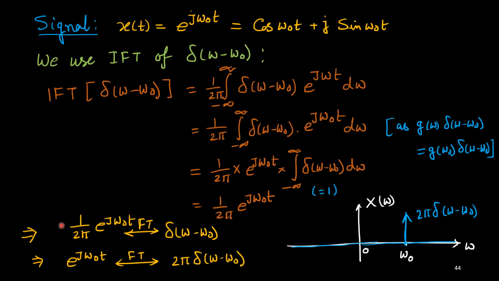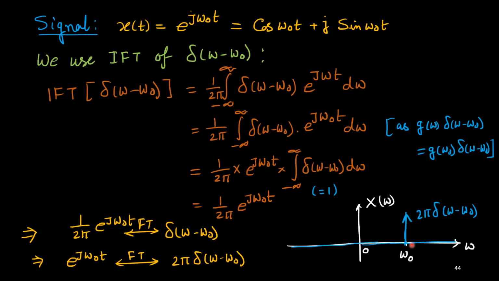Now if I multiply both sides by 2 pi, we get e to the power j omega naught t, and on the right side the spectral is 2 pi times delta(omega minus omega naught). So this complex periodic signal has a single frequency at omega equal to omega naught. Here you have one impulse, so the spectral is 2 pi times delta(omega minus omega naught).